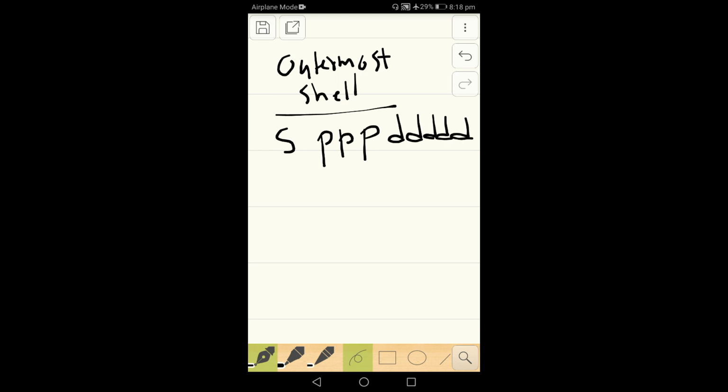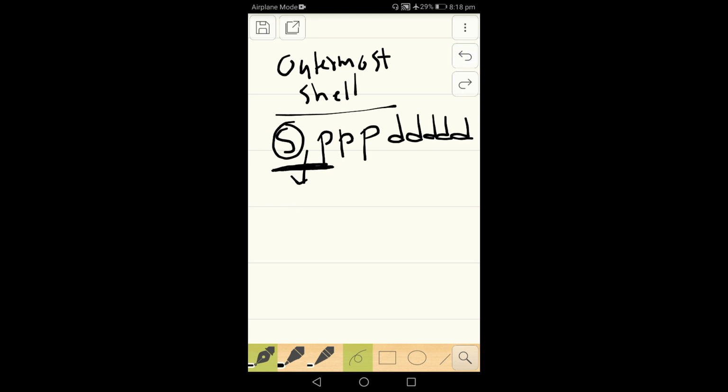Now if one s and one p orbital mix, let me draw it separately.